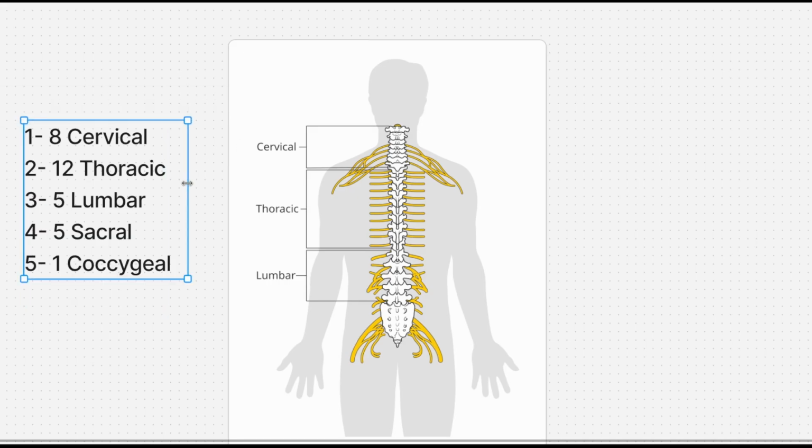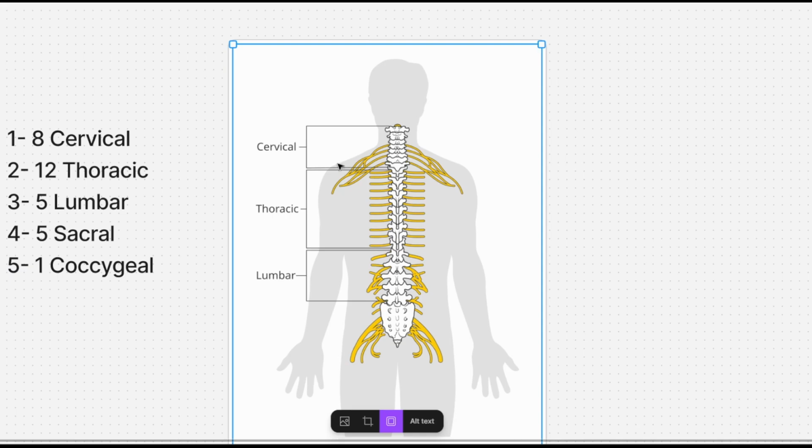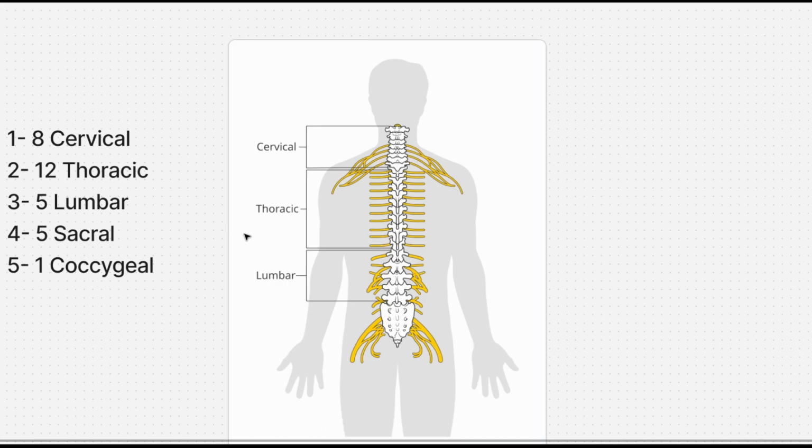So this nets out to 31 segments, right? And we'll talk about why the sacral and coccygeal aren't really visible here. You can see these are some spinal nerves, but they're not labeled.